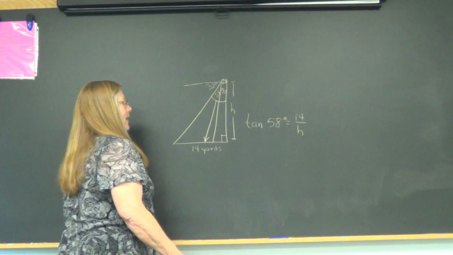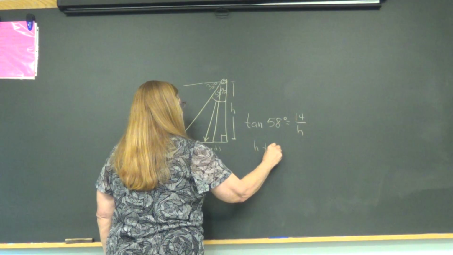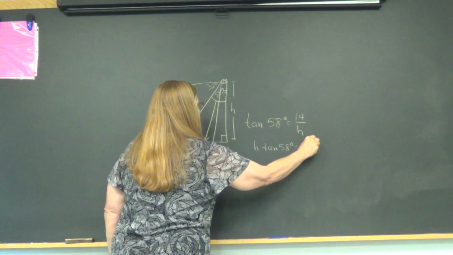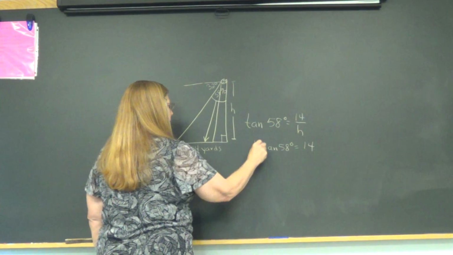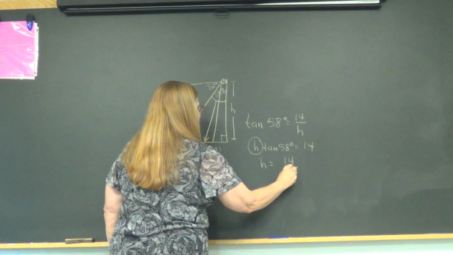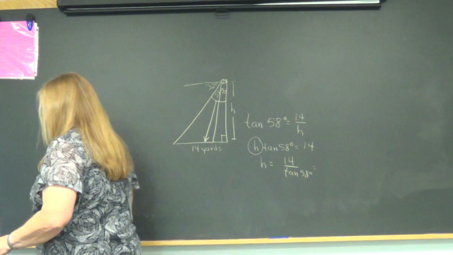Alright, solving that for h, we multiply both sides by h. We'll remove the h from the right and put it on the left. Getting h by itself, we'll divide by tangent of 58. Alright, let me see what that comes out to be.